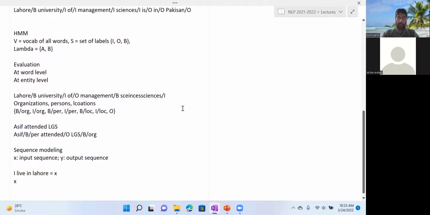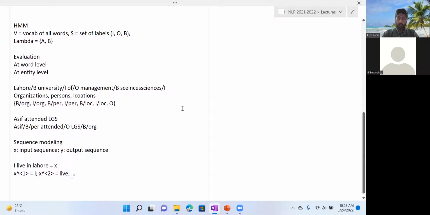Now X superscript <1> is the first position of this sequence. This is, of course, I. And X superscript <2> is the second position of this sequence, which is live, and so on. So we will use this superscript in angle brackets, and the number inside the angle bracket denotes the position of the word that we are talking about.